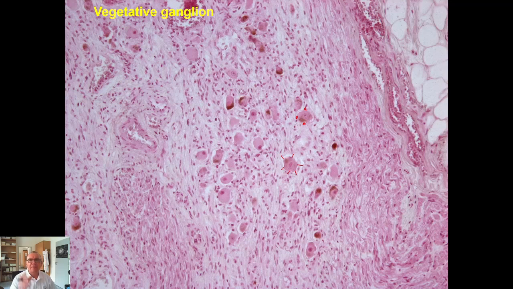This slide, and it is the picture from our box, is probably from some very old person. So the neurons contain brown pigment. You already know it. It is lipofuscin, and so you also know this picture because we have demonstrated lipofuscin in the picture of the vegetative ganglion, if you remember some time ago in the general cytology.